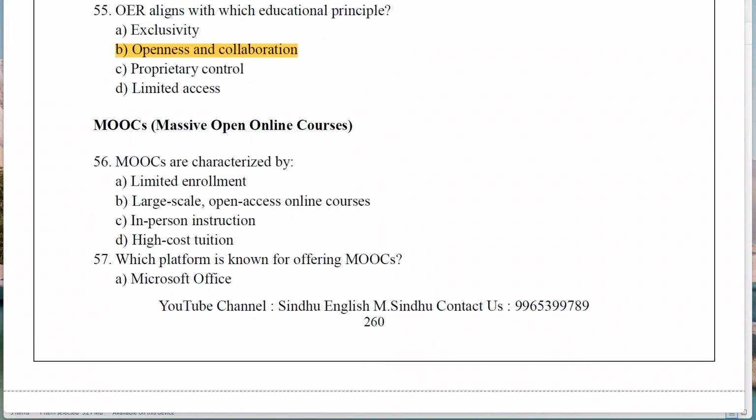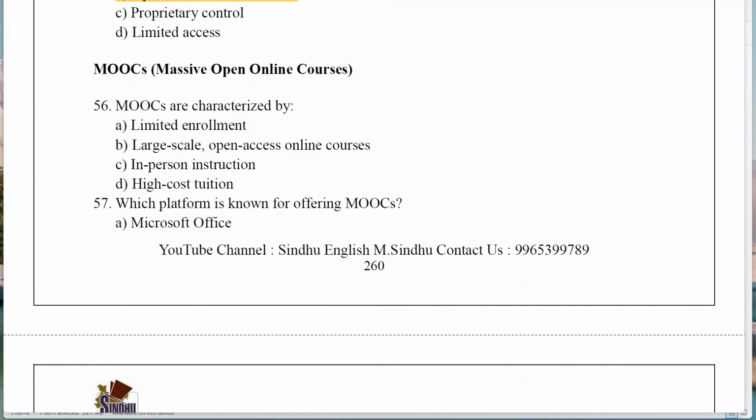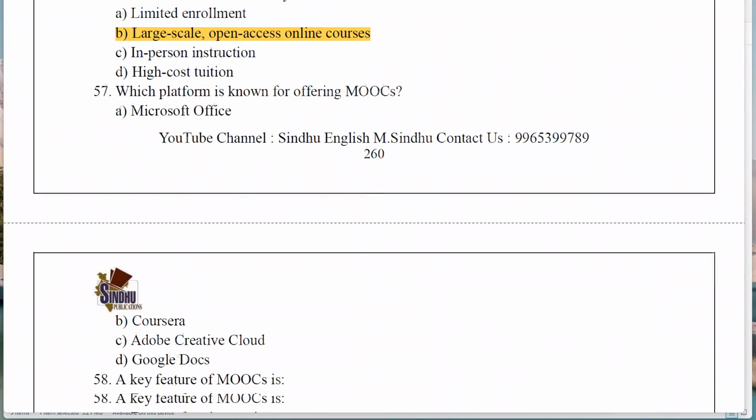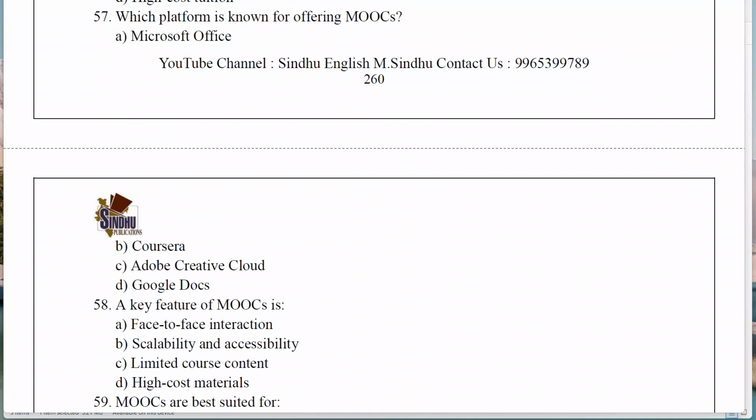MOOCs, Massive Open Online Courses. MOOCs are characterized by large scale open access online courses. Which platform is known for offering MOOCs?